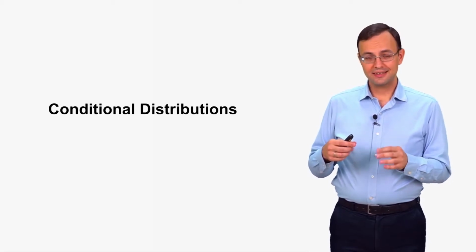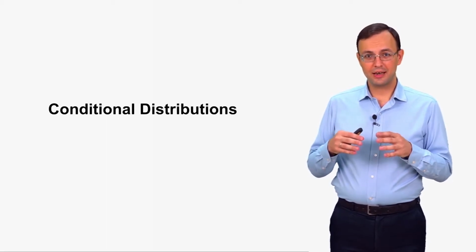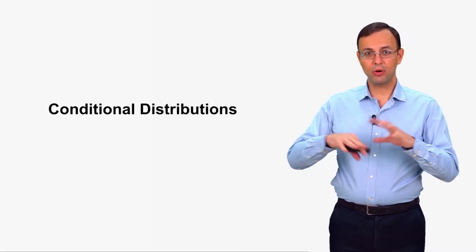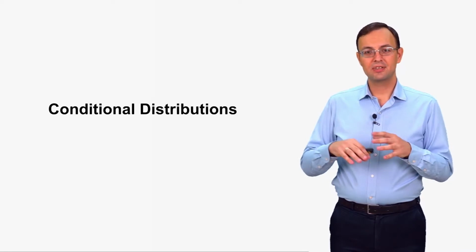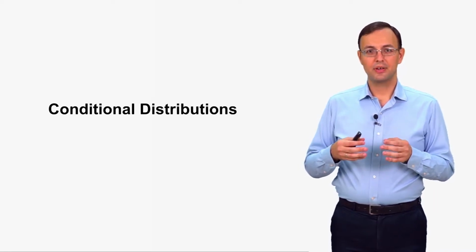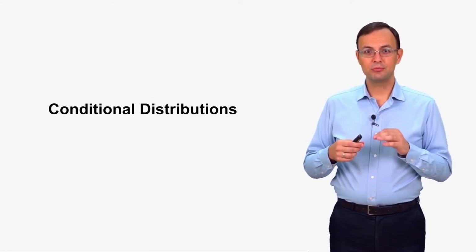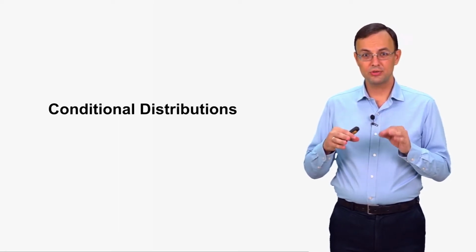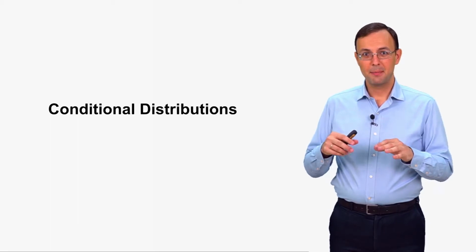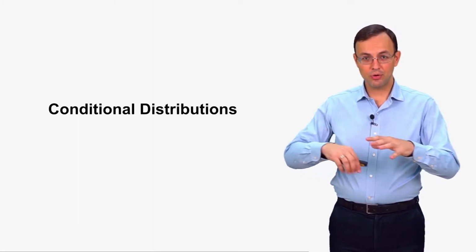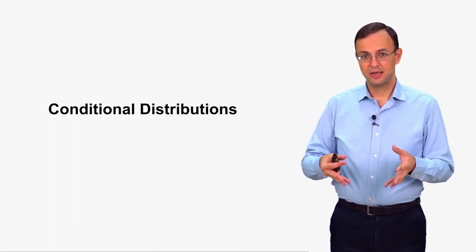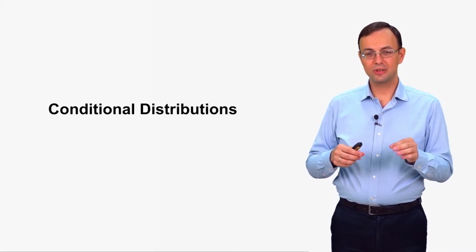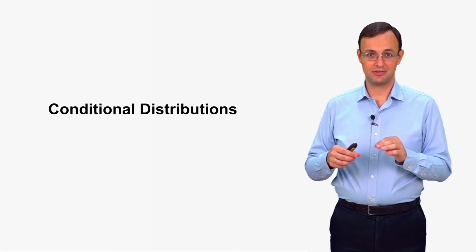But let's now imagine that we are interested in weights not of all people, but only of people that are 176 centimeters tall. So we choose people at random, but not out of all people we meet, but only out of those with their heights equal to 177 centimeters.